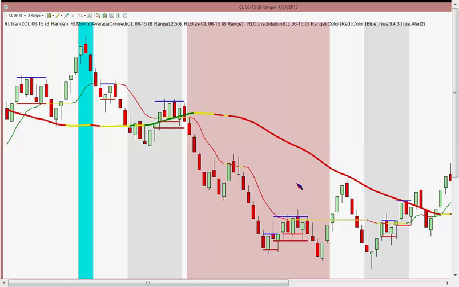In other words, price action doesn't drive the color. The color is driving price action, because this background color is not being determined by any candle on the chart.